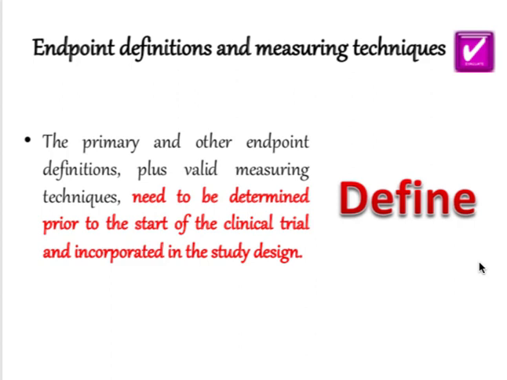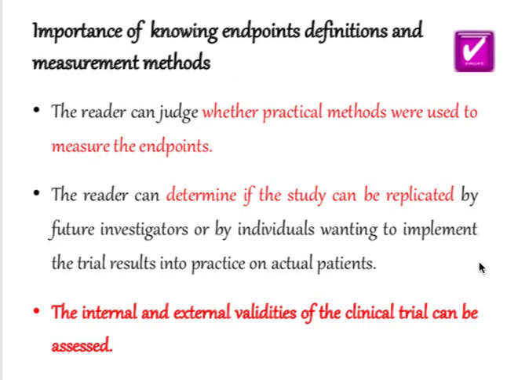The primary endpoint and other endpoints should be defined in an accurate way. For example, if they want to define acute renal failure, there are four or five definitions of acute renal failure. So they should say, we will consider this acute renal failure depending on the KDIGO guidelines or the American Kidney Foundation guidelines.